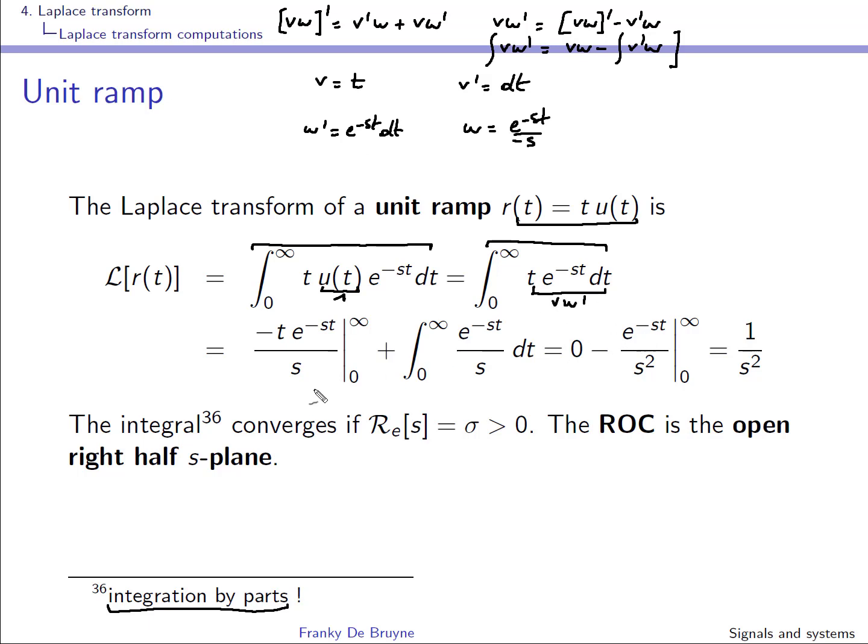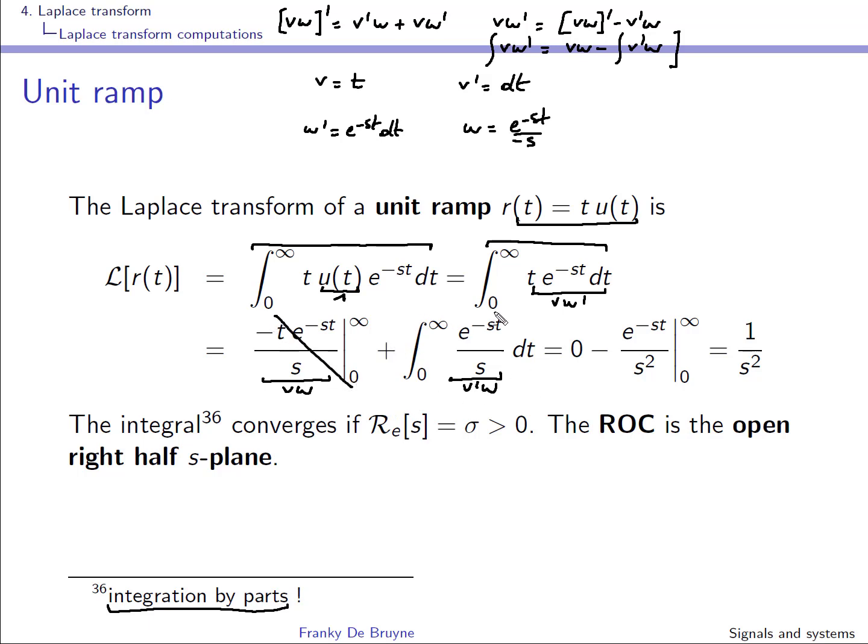This will be VW, and this will be the integral of V prime W. This first term will not give any contribution. At infinity, the exponential factor will make it 0, and at 0, this t over here will make it 0. So this does not give any contribution.